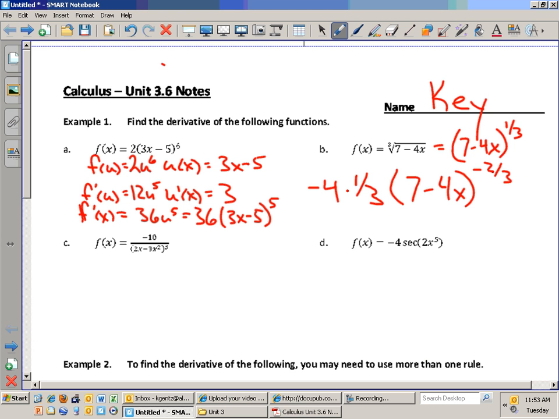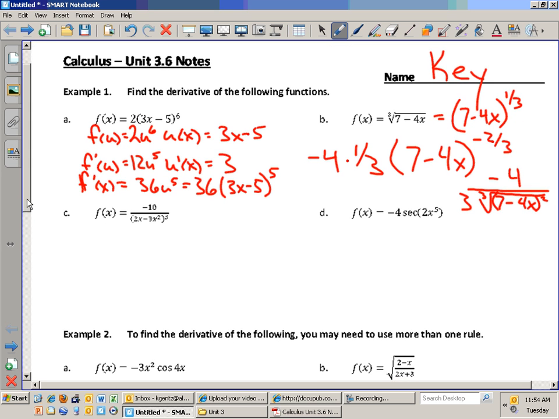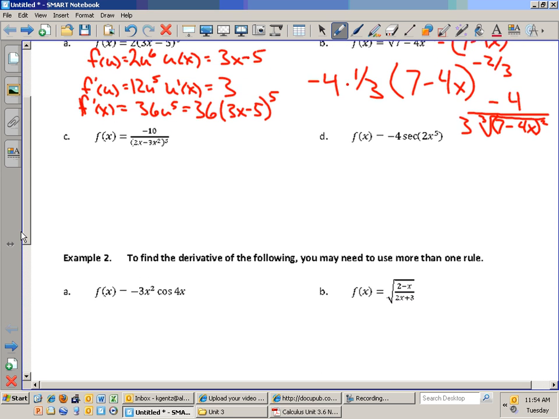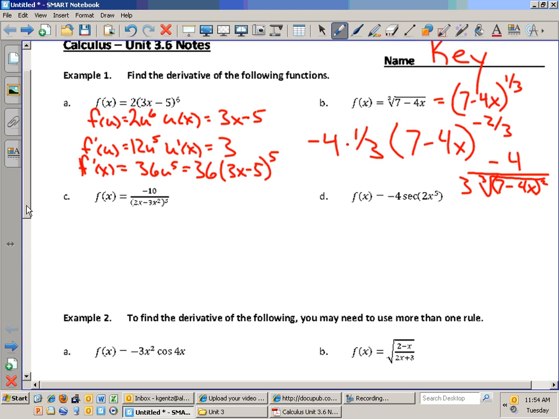We could write it as -4 on top, and on bottom you would have a 3, and you would have the cubed root of that squared. So that would be that derivative. -4 is the derivative of the inside.